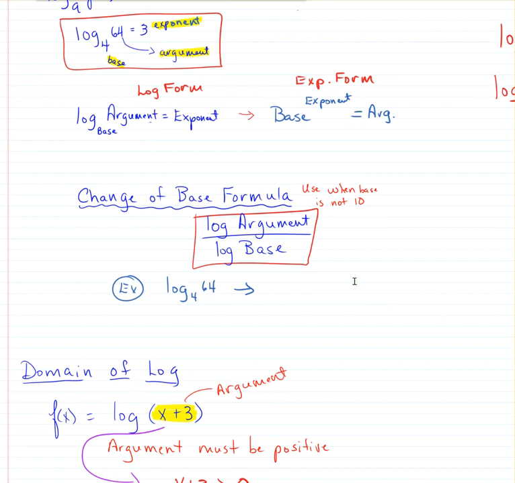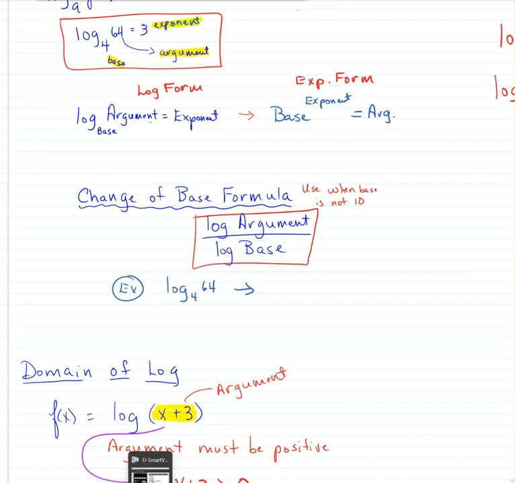And then if we don't have a base of 10, sometimes we need to do the change of base formula. It's the log of the argument over the log of the base. So here it would be log of 64 over log 4. Now, if you do not have a calculator that has this, then you will have to use this formula.